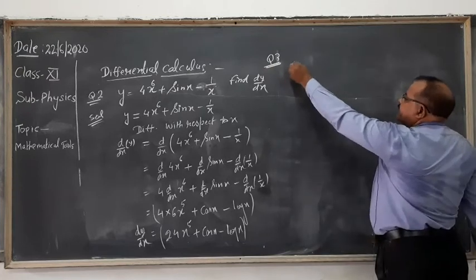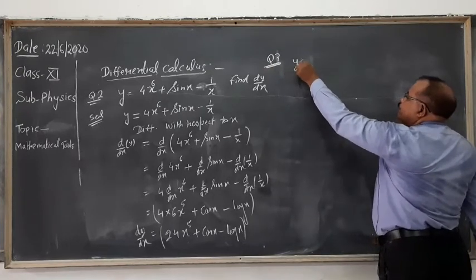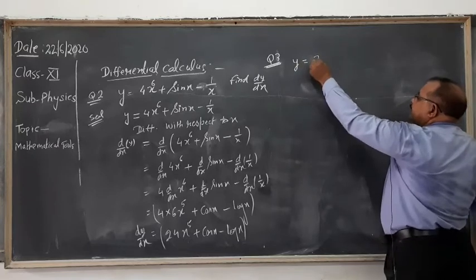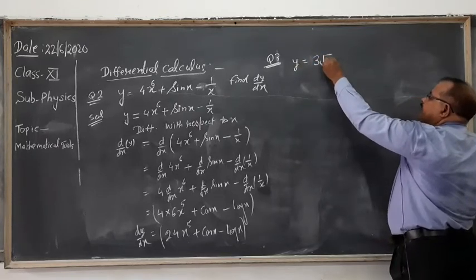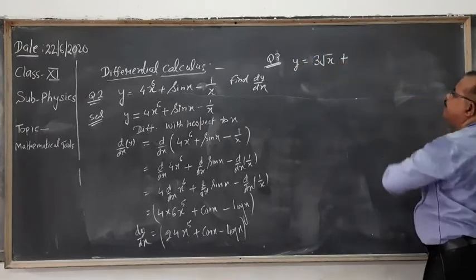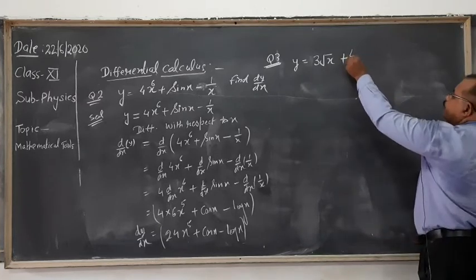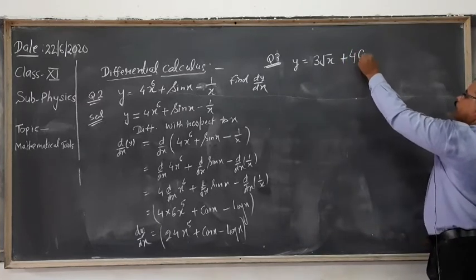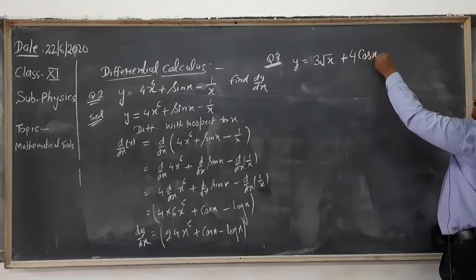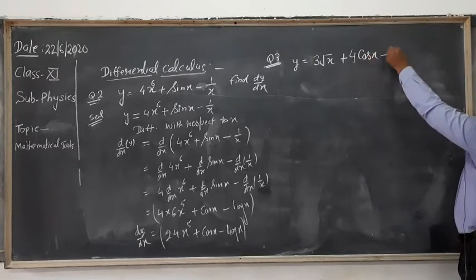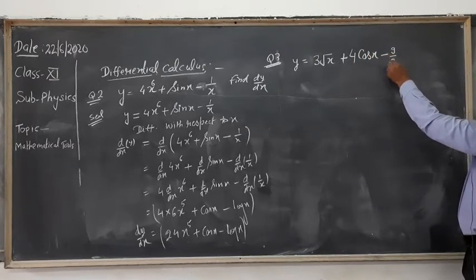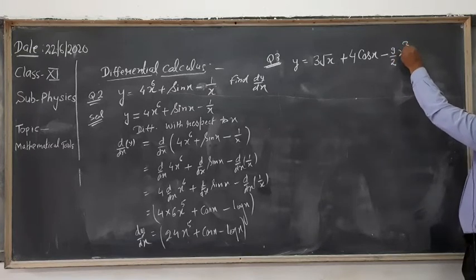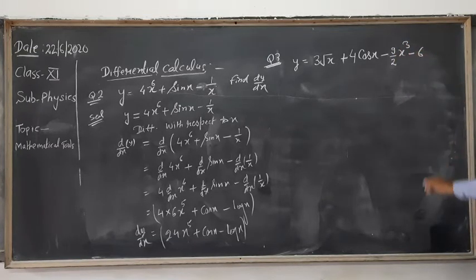Find dy by dx if y equals 3 under root x plus 4 cos x minus 9 by 2 x cube minus 6.